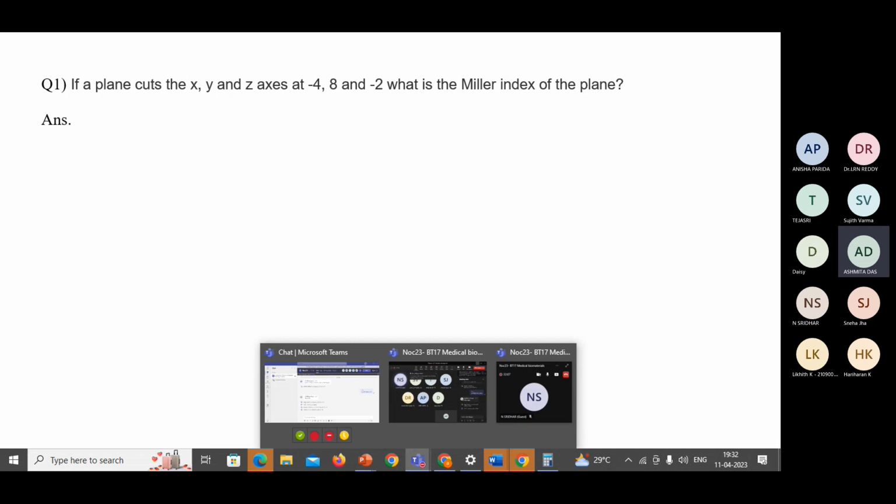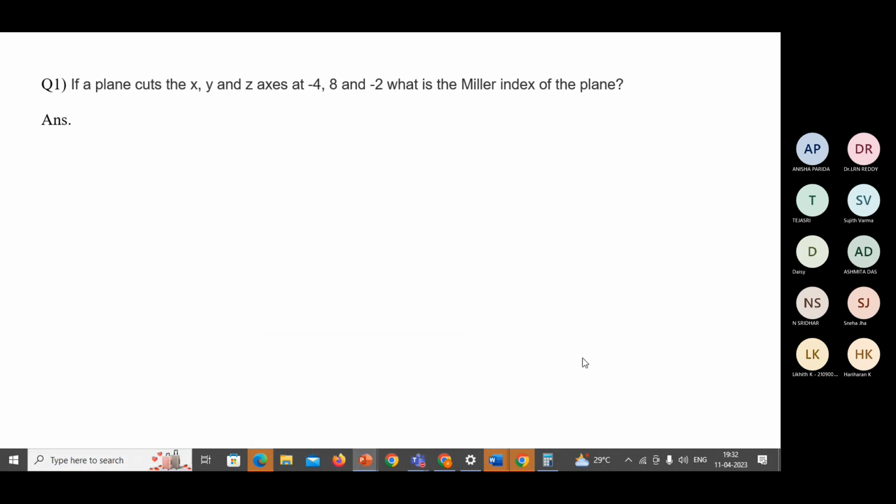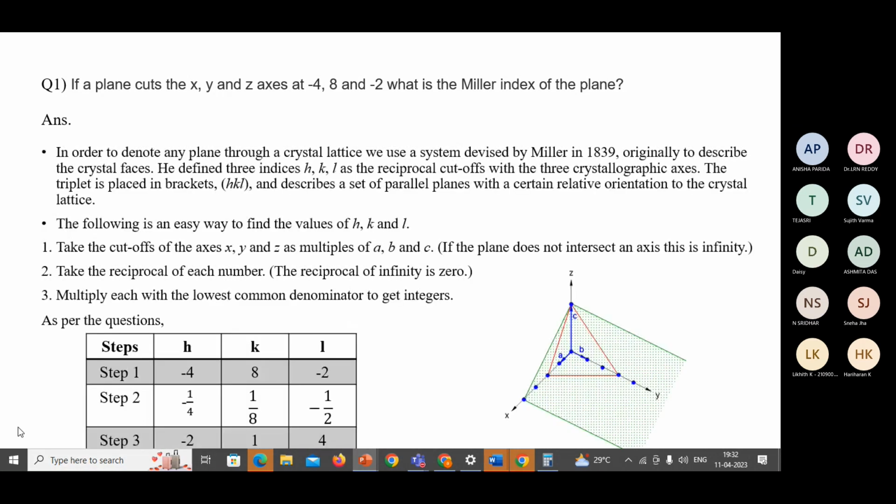Okay, so anyone, any other answer? What is Miller indices? Miller indices is basically a form of a notation system.